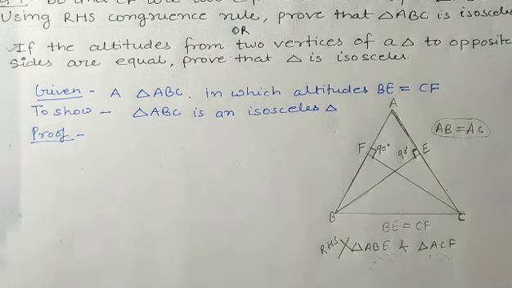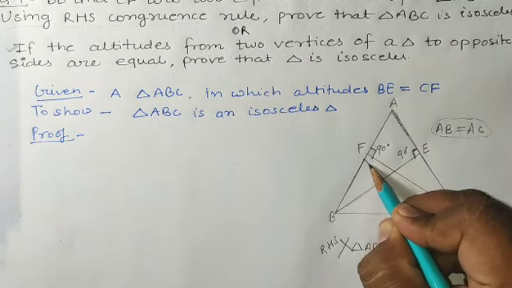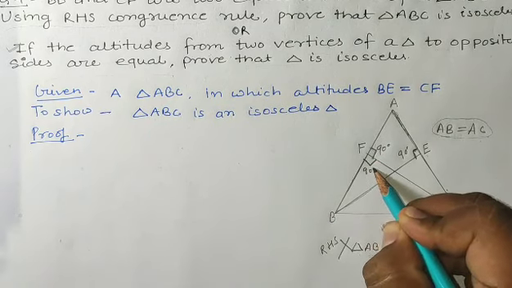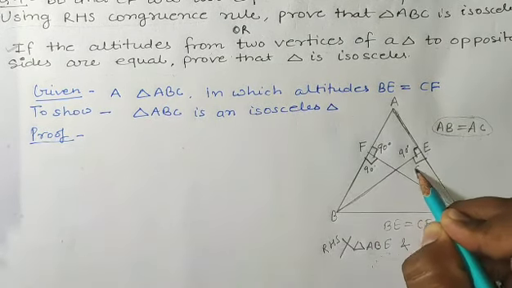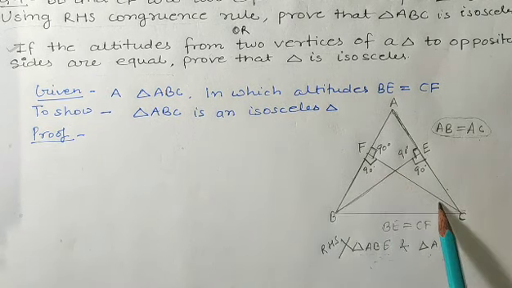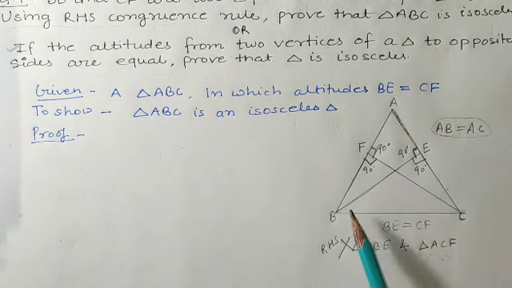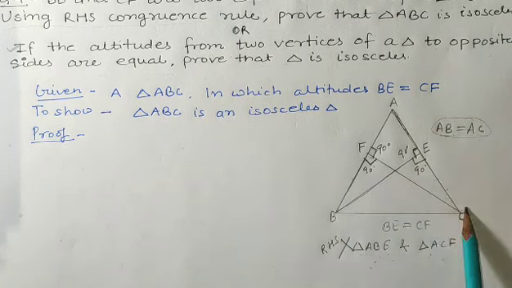Now we'll apply the second method, the second pair of triangles. If this angle is 90 degrees, then this one will also be 90 degrees, and here also 90 degrees. Now we'll take the triangles BFE and CEB.